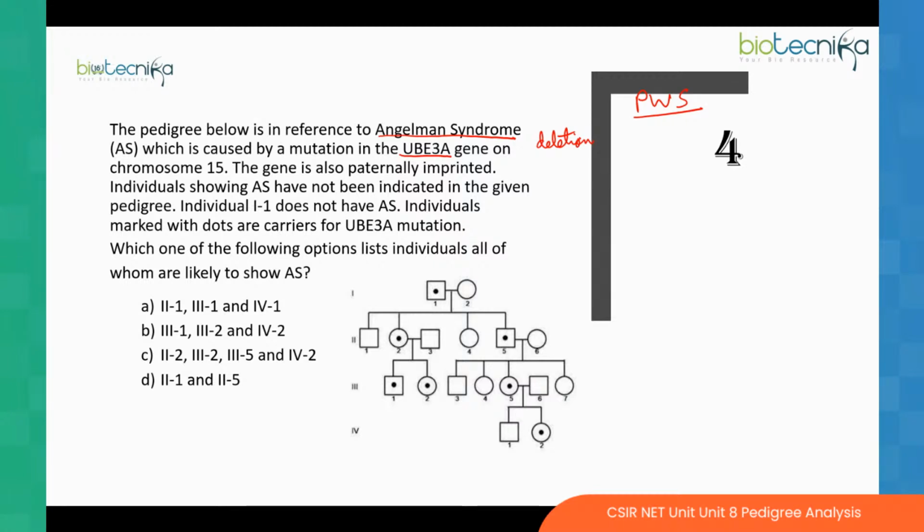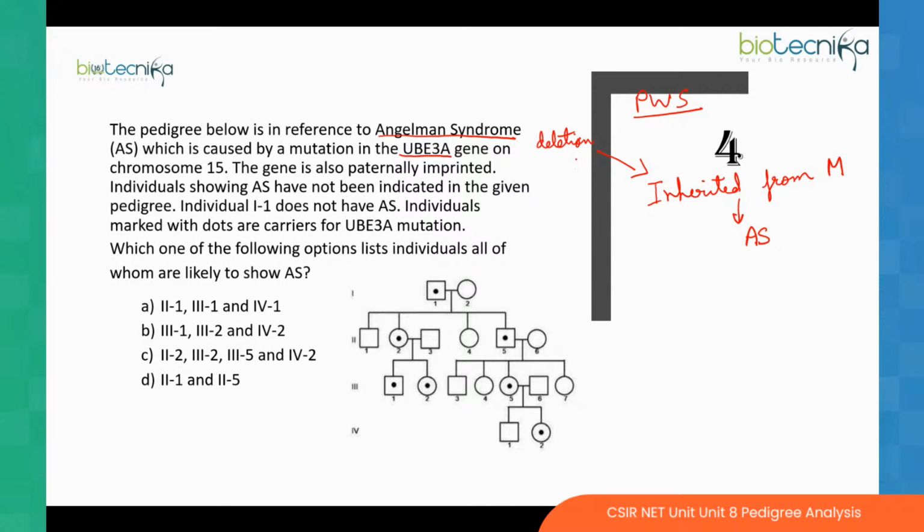What we see is that when this deletion in the gene on chromosome number 15 is inherited from the mother, it results in Angelman syndrome in the offspring.